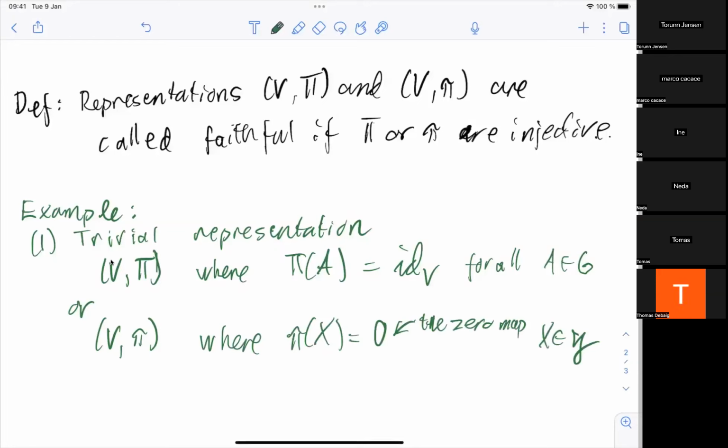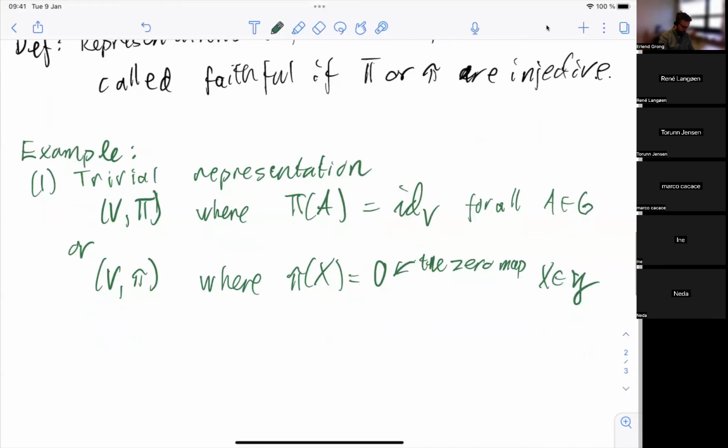So it's not the zero of the vector space, but the zero map. So the linear map maps everything to zero.